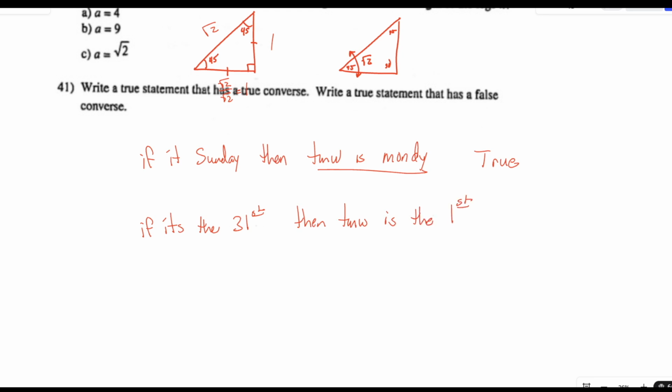Because there's no month with 32 days in the calendar, right? But then let me try the converse. If tomorrow is the 1st, then today is the 31st, which is not true because it might be February 28th. All right.